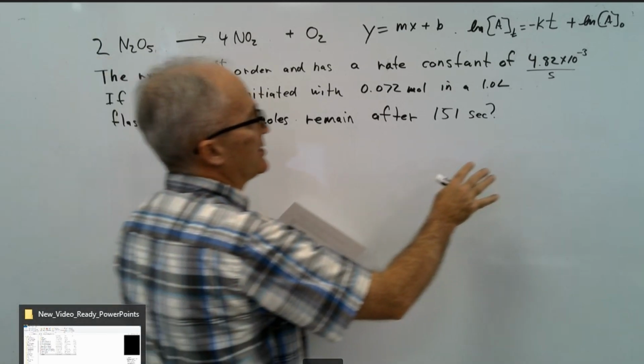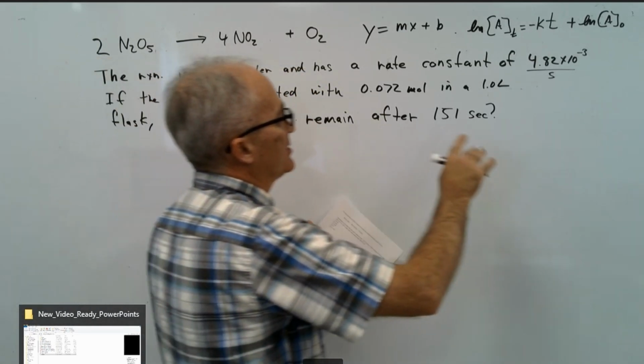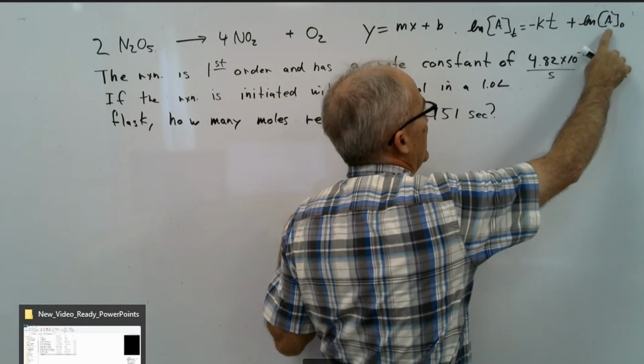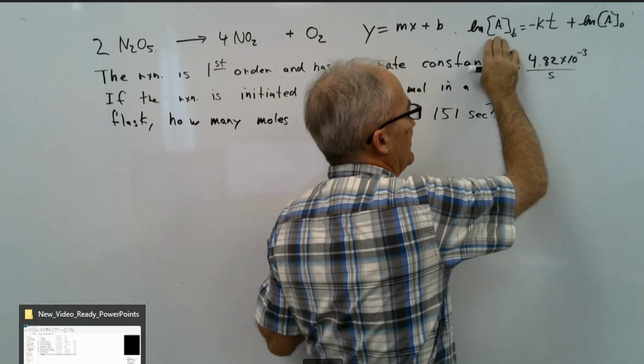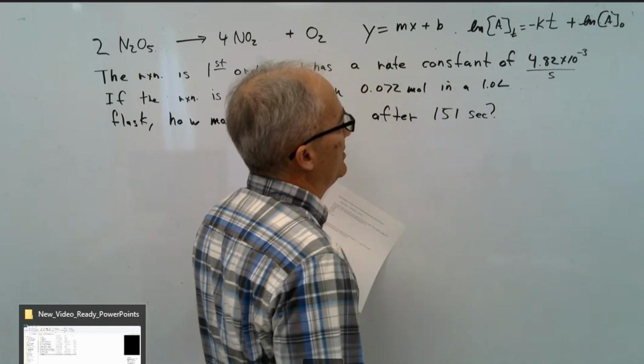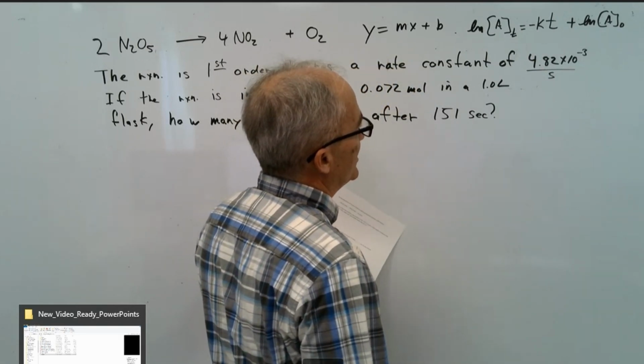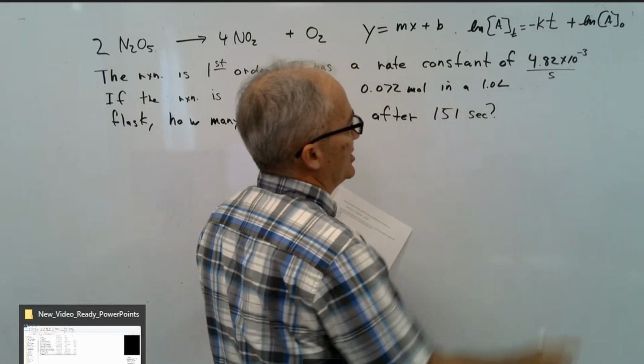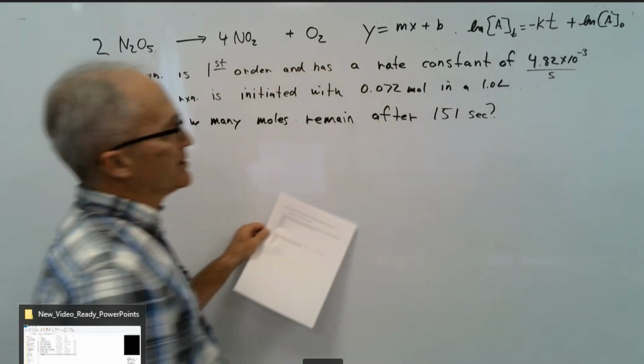So this is kind of nice. Once we know it's first order, we can use this equation to find a lot of things. Maybe initial concentration if we're given the concentration sometime into the reaction. If we know it's first order, we can time how long it takes to reach a concentration and then determine the rate constant.